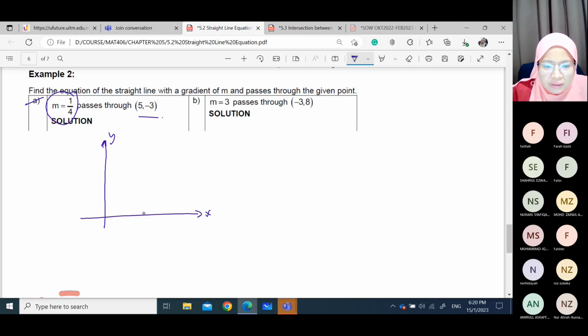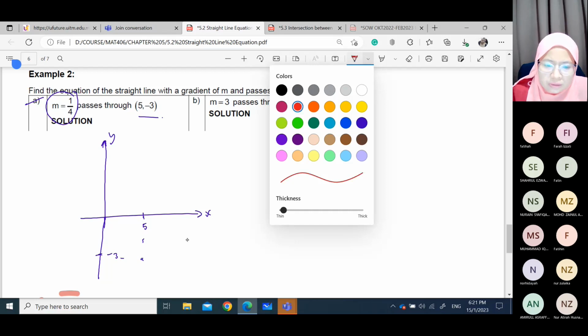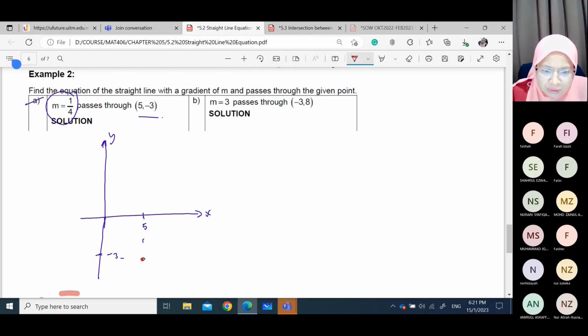So x is at 5, y is at negative 3 dekat sini. Okay, so passes through this point. Point di sini. Okay, so this point is about 5, negative 3. Okay, so kita nak cari equation of a straight line.